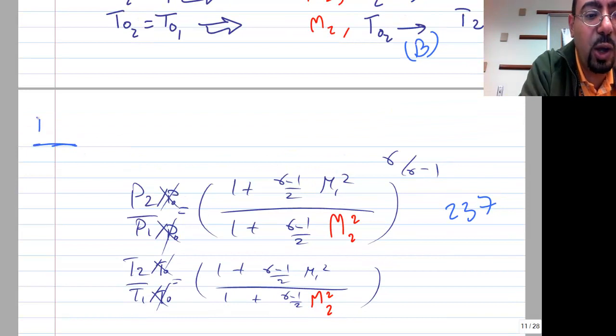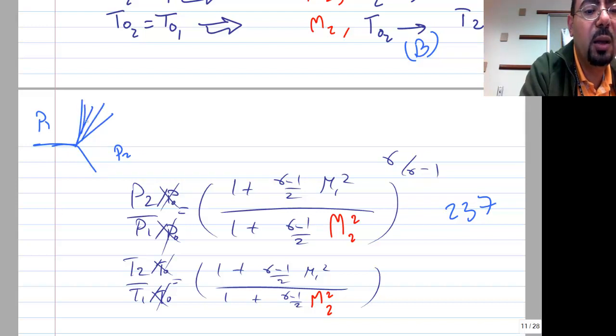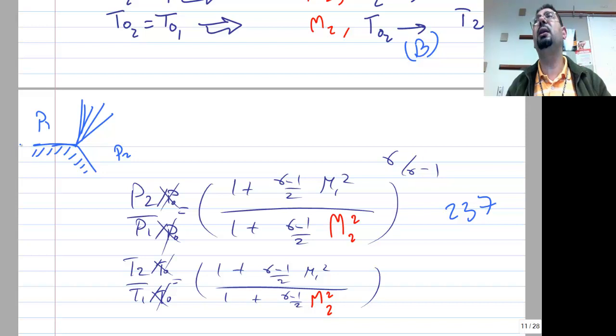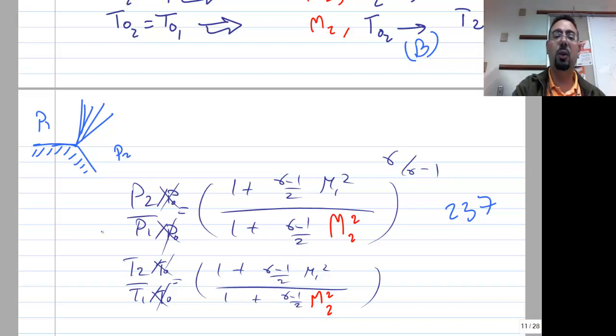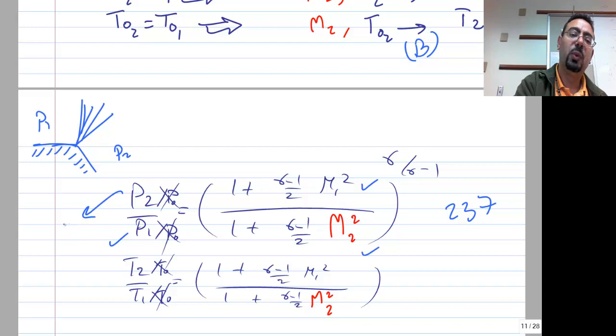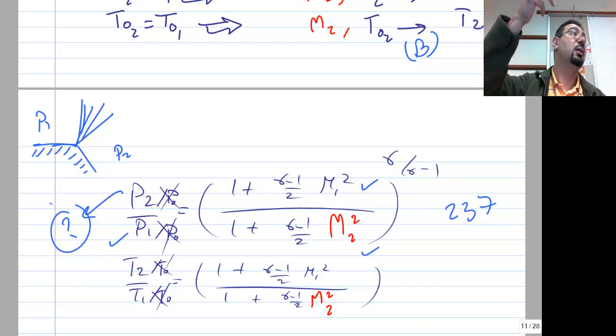So why he's doing this? Because in case you already have P1, not P01, P1, and all you need is P2, and you don't want to go and get P01 and then go to appendix P and get P2 and P02 and M2. This equation will basically tell you if you have P1 and M1 and M2, you can get P2 immediately, rather than going to appendix P twice.